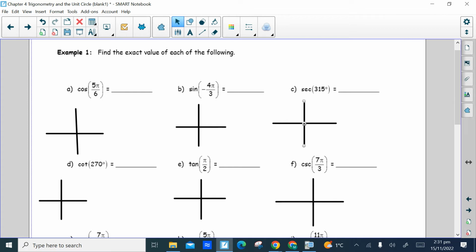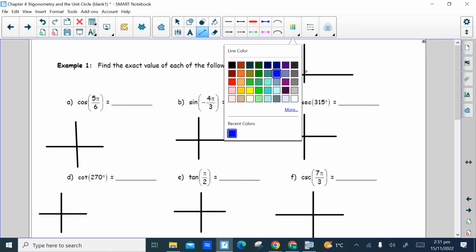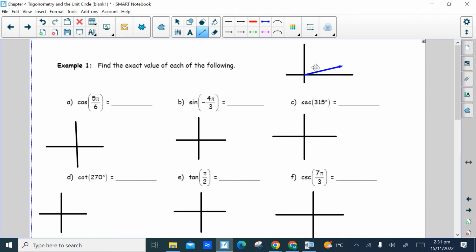So let's start here, by drawing the first quadrant of the unit circle. At 30 degrees, the coordinates are root 3 over 2, comma, a half.